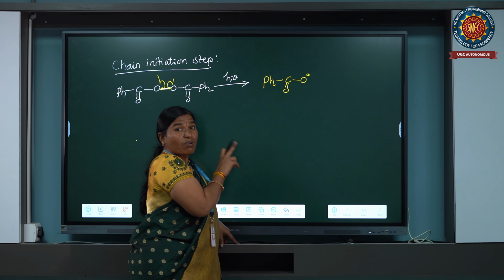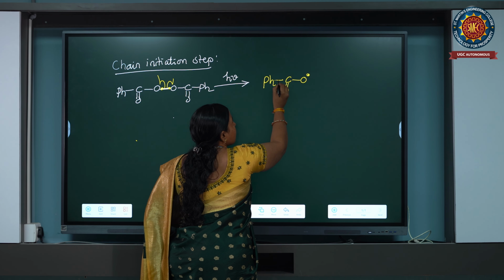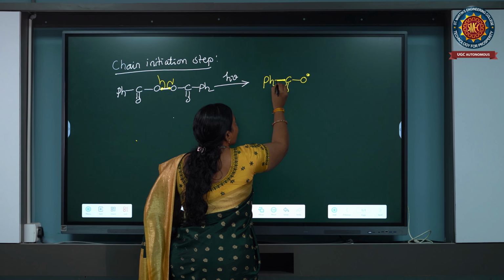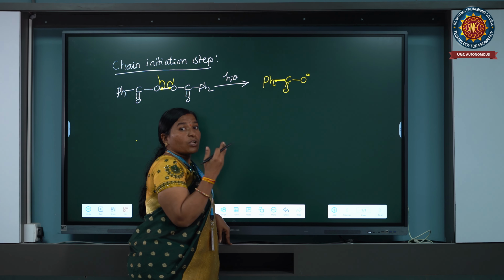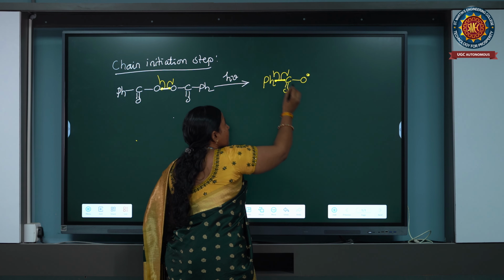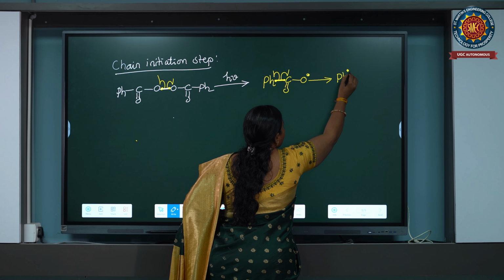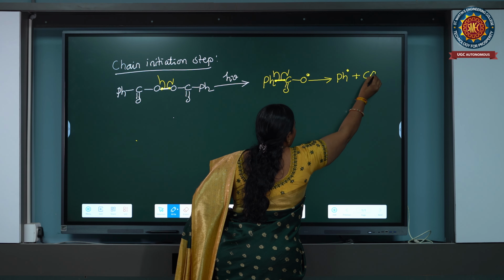Now this is also unstable, so again it undergoes homolytic cleavage and you again get a radical: Ph radical with carbon dioxide.